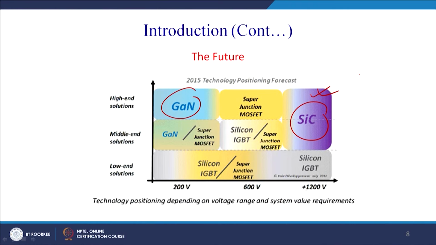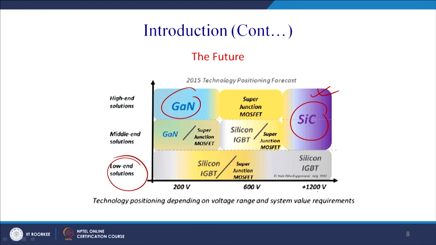And just take a look at this matrix. Silicon IGBT is a lower end solution, and we have the super junction MOSFET, and these are the voltage ranges that are still available now.